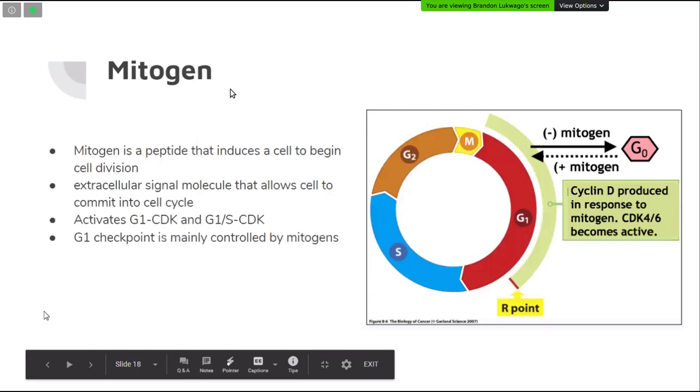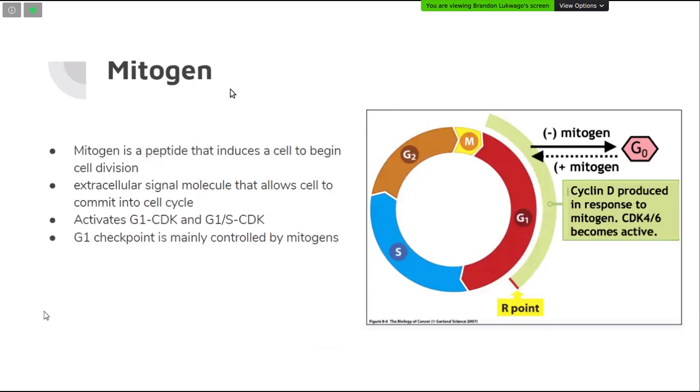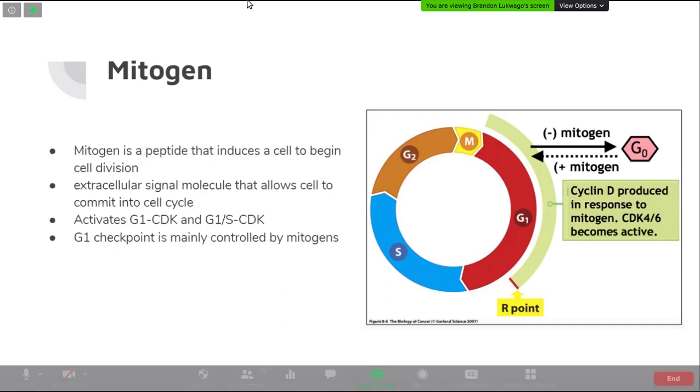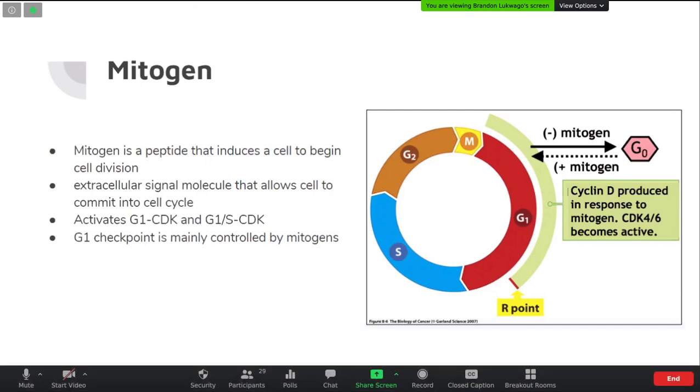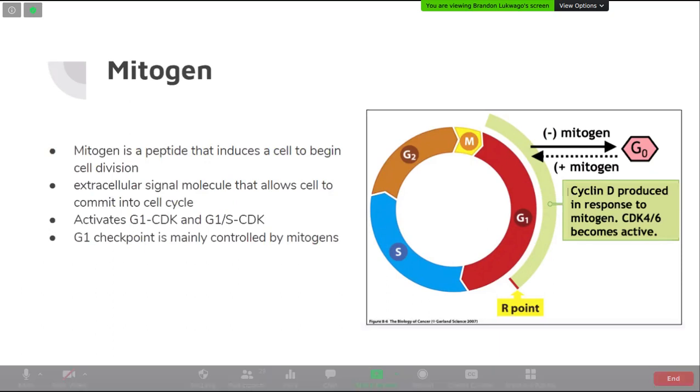Okay, so we're going to be talking about mitogens now. They are one of the extracellular signal molecules that allow cells to commit into the cycle. They're made of a peptide that induces a cell to begin cell division.